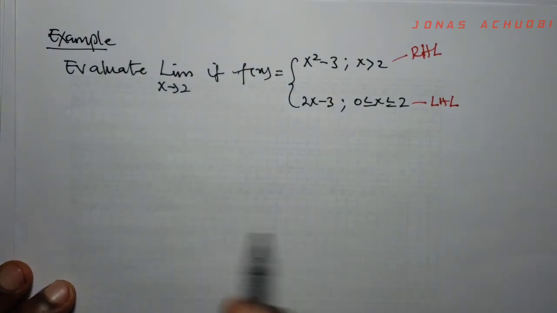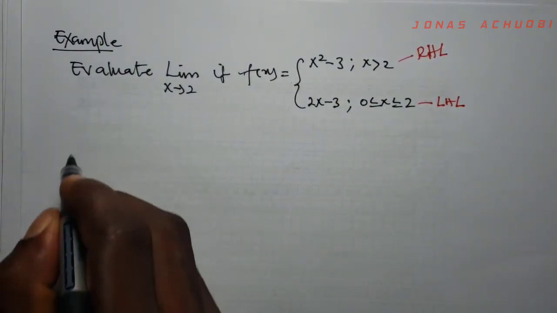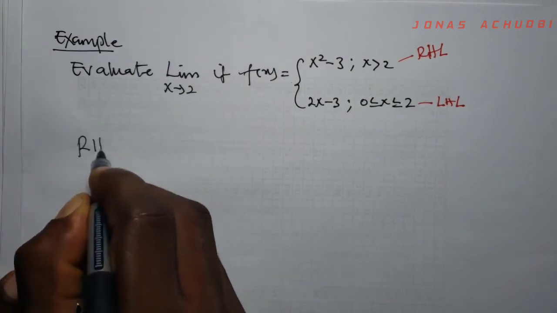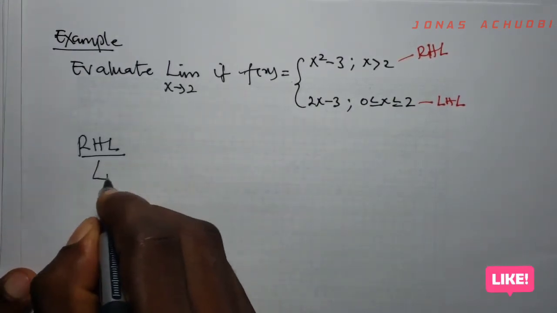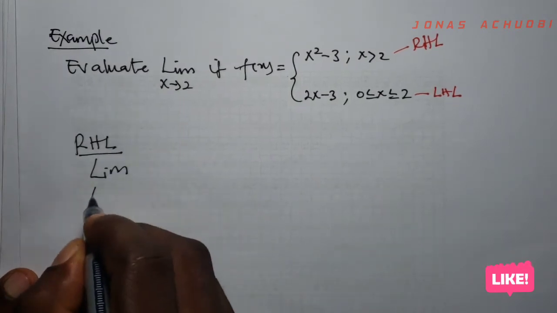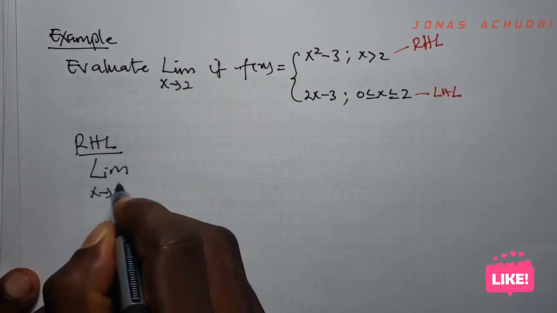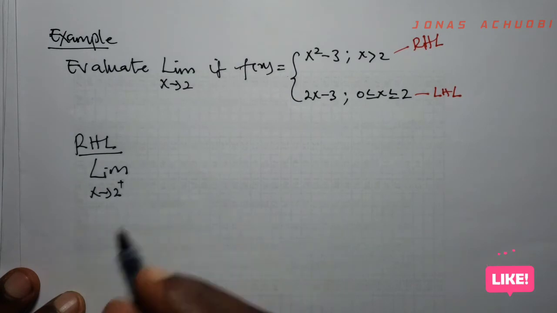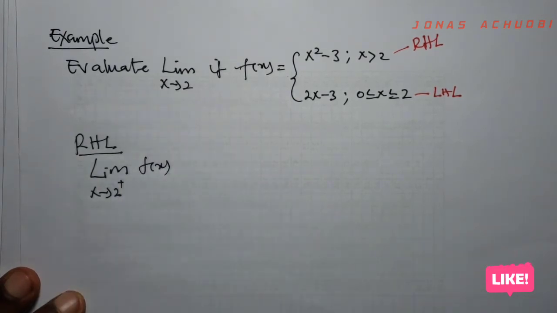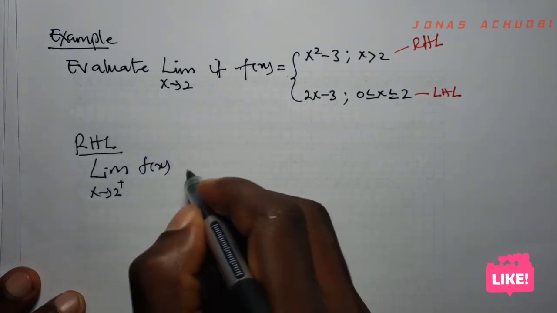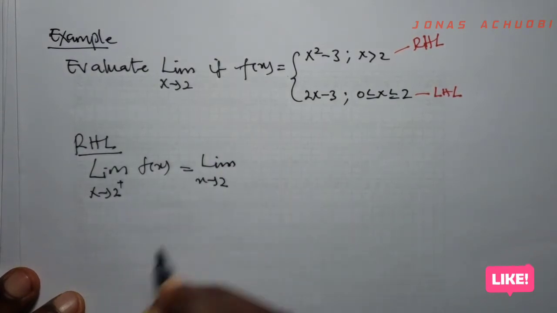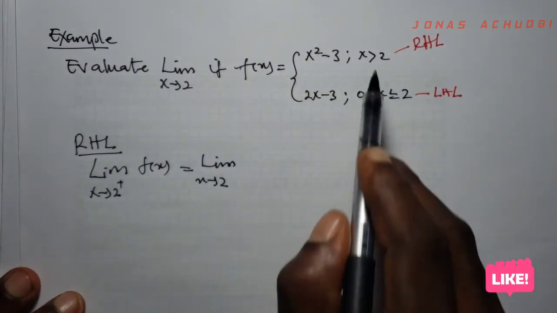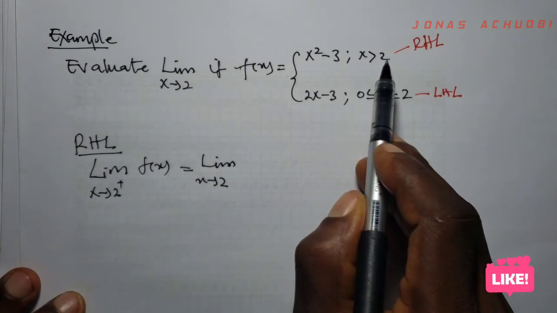So let's proceed. So we start with the right hand limit of this function. So we're looking at the limit as x tends to 2 from the right of the function f of x. So that will become limit as x tends to 2. Now on the right, x greater than 2 means right hand side of 2.